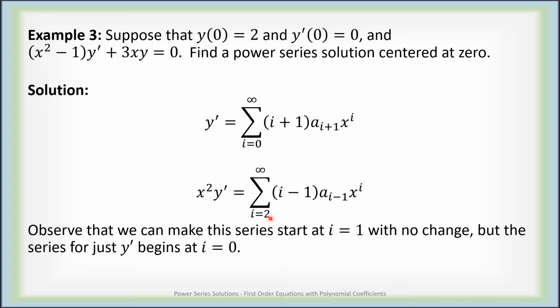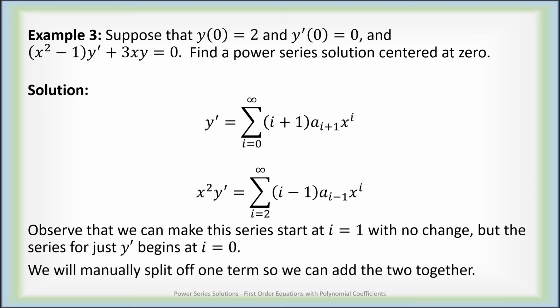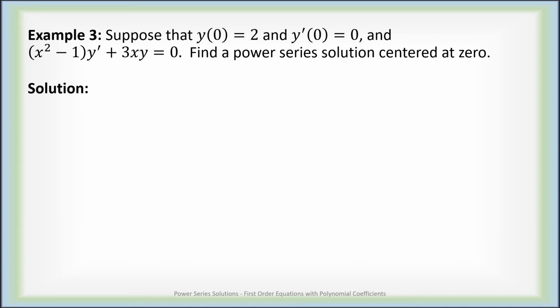So I can make this series start at index 1, and that's fine. But I can't actually make it go from index 0, because I'd get a negative 1 times a sub negative 1. So we're going to manually split off one term of this series here so that this is now going to be a single term plus all the rest starting at index 1. Then I will be able to add and subtract these two against one another.